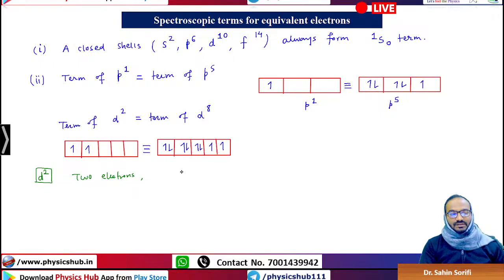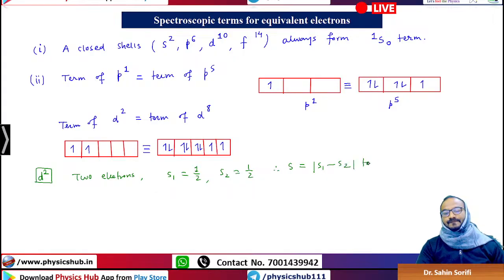For the first electron, S1 is spin half, since they are electrons. Another electron S2, spin half. Now how will they get combined? S1 minus S2 to S1 plus S2. So this will give you the values of 0 and 1.